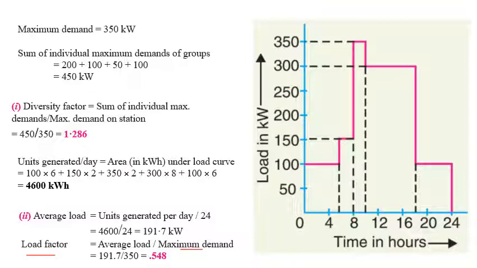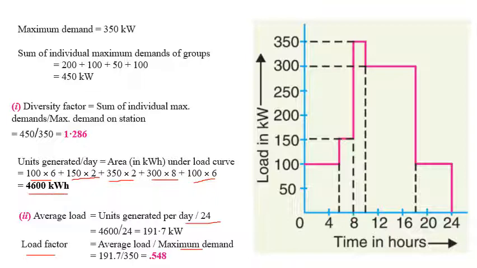First we have to calculate the average load, and the average load is units generated per day divided by 24. Units generated per day is equal to the area under this load curve, in kilowatt hour. So it is 100 into 6, that is 100 kilowatt load for 6 hours, then 150 into 2 plus 350 into 2, that is the maximum load, and again 300 into 8 and 100 into 6. So our units generated per day is equal to 4600 kilowatt hour.